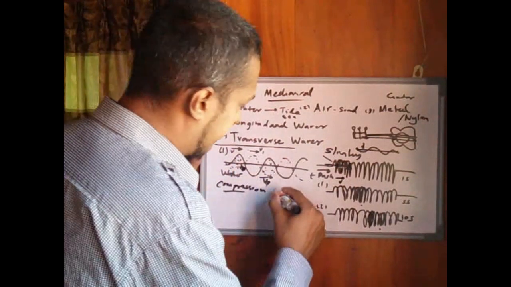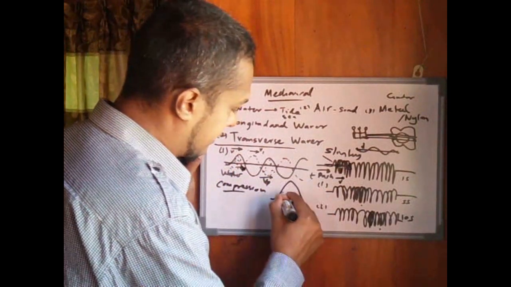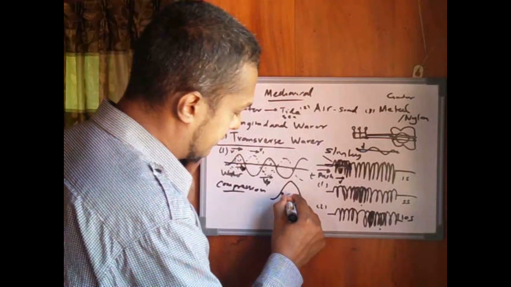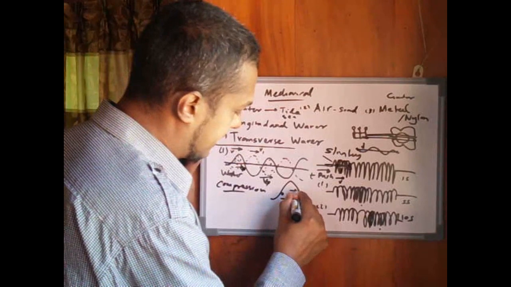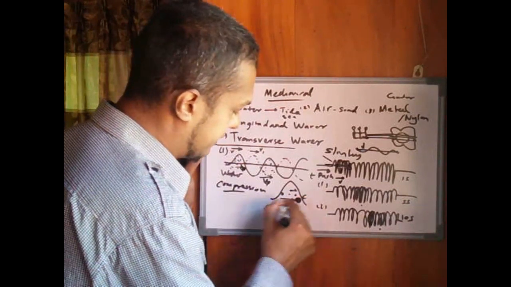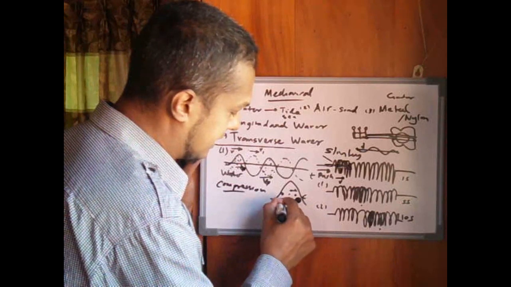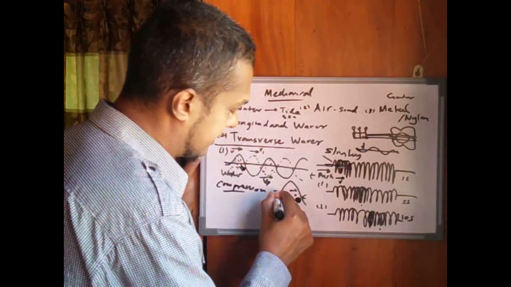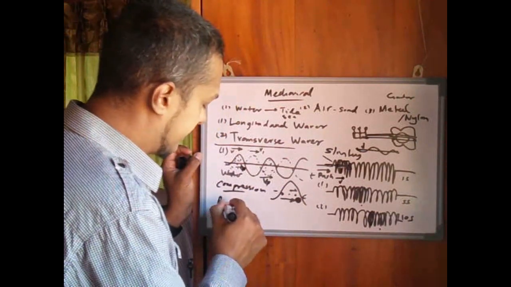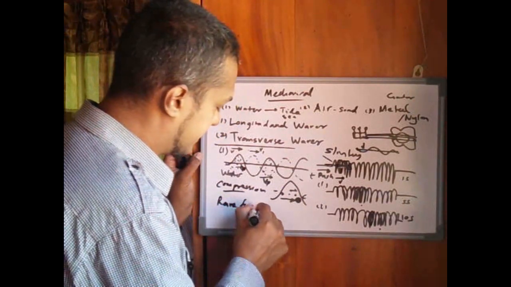If you magnify it, if the particle moves this direction, compression happens here. And because there are fewer particles here, it will be rarefaction.